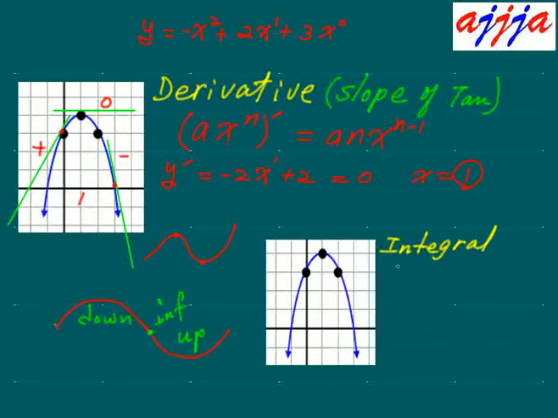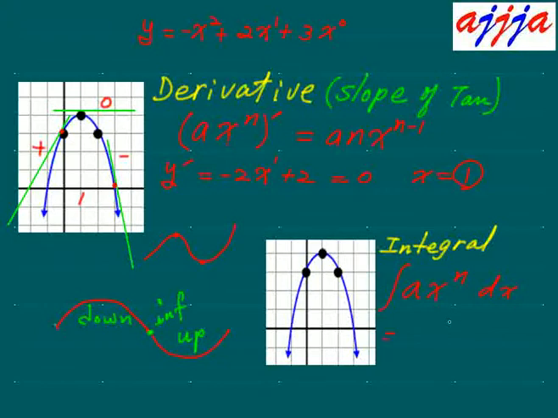Now, what about integral? Integral is simply, that's right, the opposite of derivative. That means we call it the inverse derivative. Let's say ax to the nth power. Usually we use this integral sign just like this, then dx.